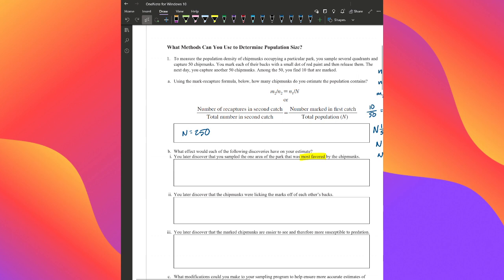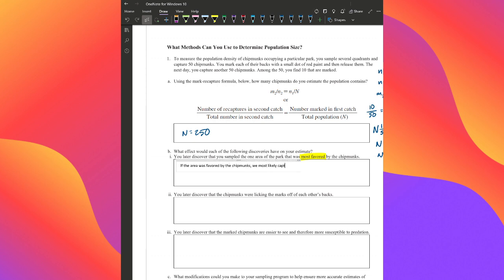If the area was favored by the chipmunks, then we most likely captured more chipmunks in this area than we would have caught if we picked a different area of the park. As a result, our estimate of the population size would be larger than if we had sampled more of the park.